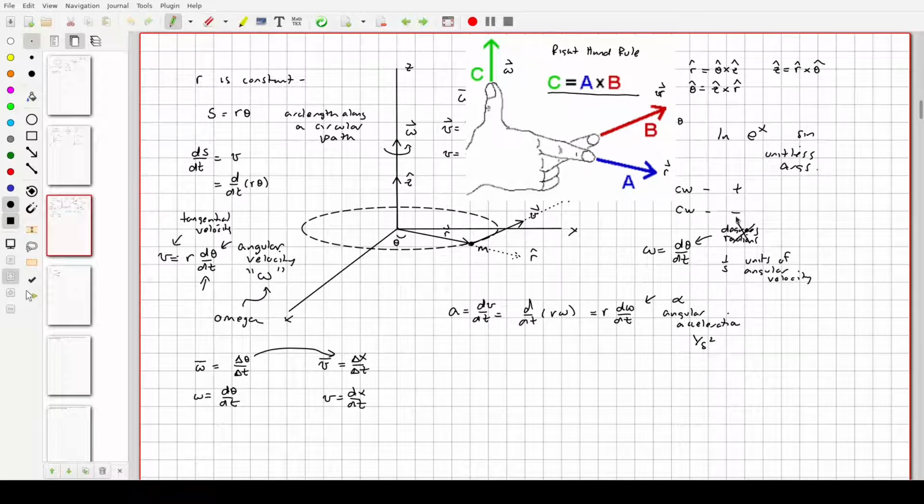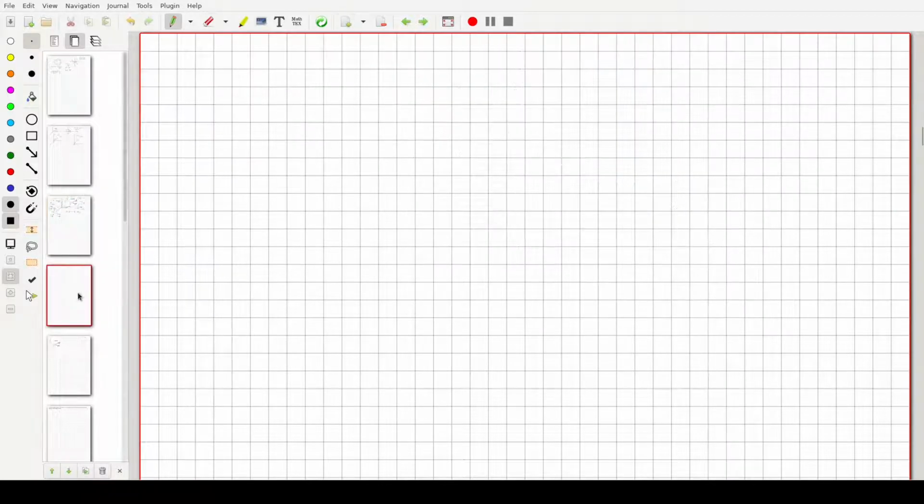So as you can see here, there are a lot of one-to-one transferences between translational stuff and rotational stuff. Because of that, what I'd like to do is start a chart, a table that's going to keep track of all this. So I'll put translation here, I'll put rotation here, and then I'll put concept here.